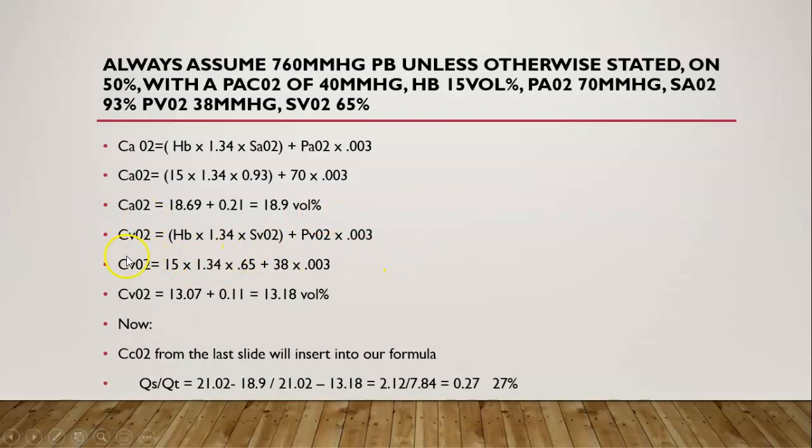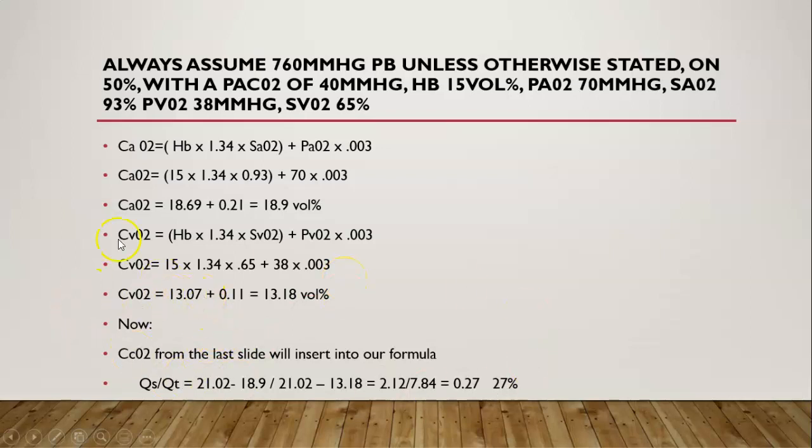Then we're going to do the same thing for the venous side, but we've got to find the venous numbers. We need the venous SAT. There it is, 65. We need the venous PO2, the PvO2. There it is, 38. And then this is the dissolved number. So we have 15 times 1.34 times 0.65 is 13.07, plus 38 times 0.003, which is 0.11, and that equals 13.18 volumes percent.